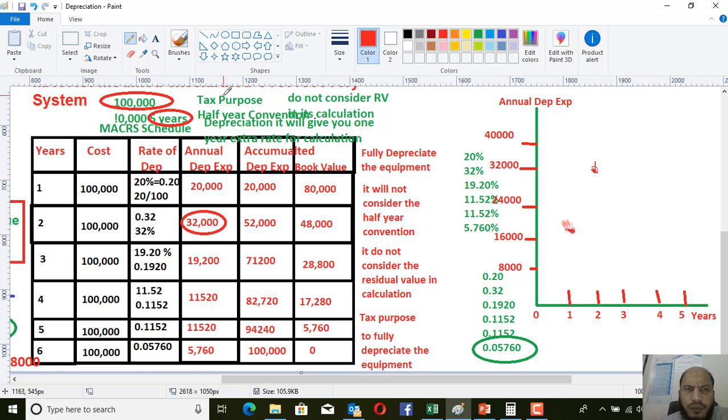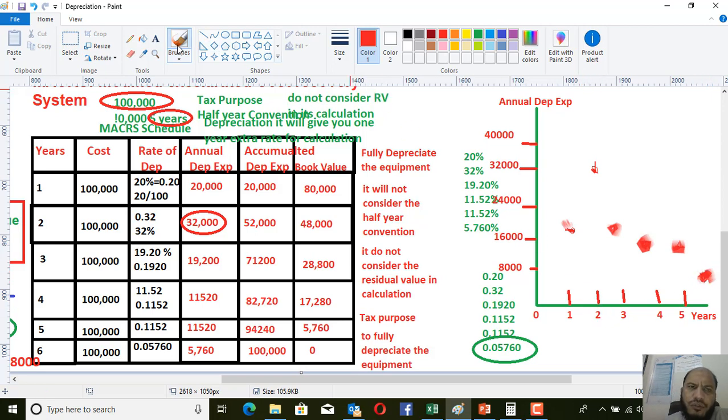Then we have 19,200 for year 3, and then we have 11,520, and then again 11,520, and lastly 5,760.